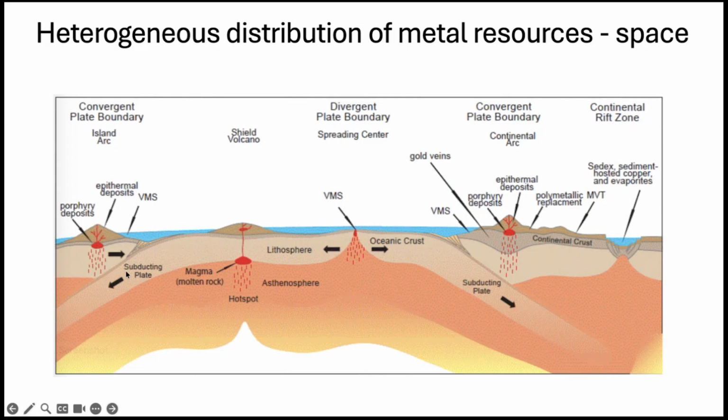We have the subducting plate, and the kinds of deposits associated with that tectonic regime would be porphyry copper deposits, epithermal gold deposits, and in the forearc or back arc, the arrows here, we'd have VMS, or volcanogenic massive sulfide deposits. These are seafloor deposits that we'll talk a lot more about as we go along in the course. This is associated with island arc environments.